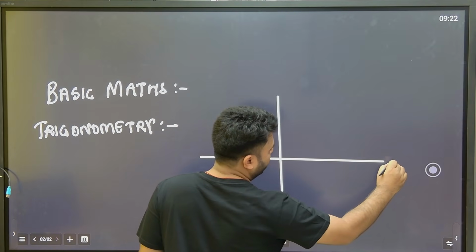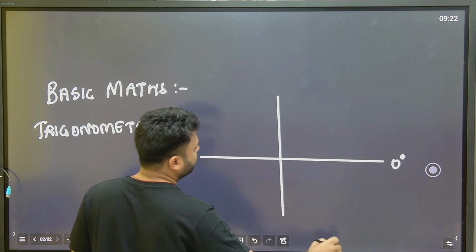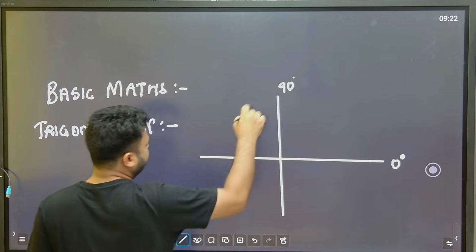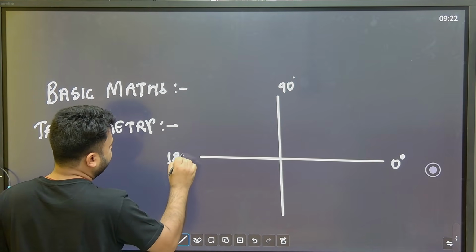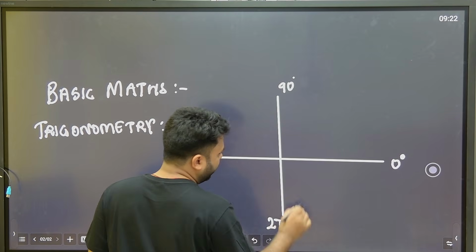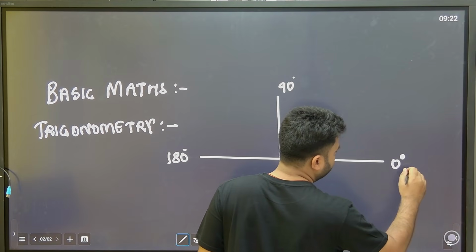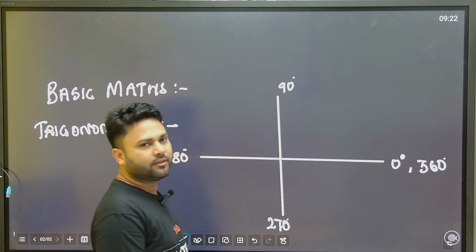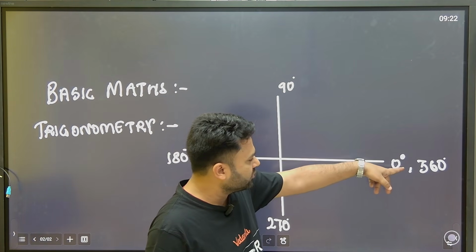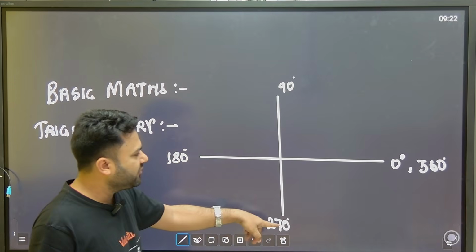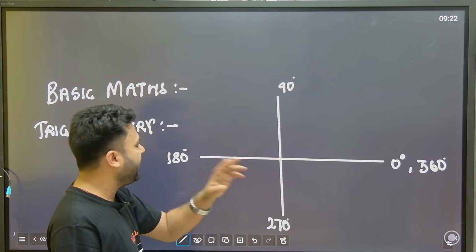This part, suppose I write 0 degree, this part 90 degree, this is 180 degree, this is 270 degree, and again here 360 degree. Correct? So this line corresponds to 0 degree, 360 degree, and here 90, 180, 270, 360.